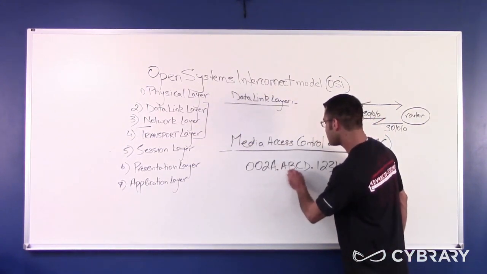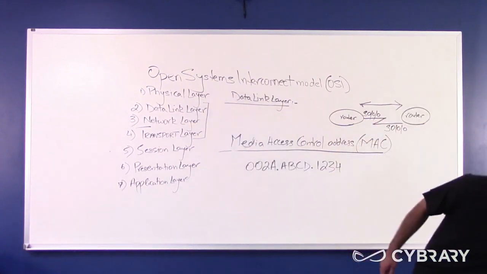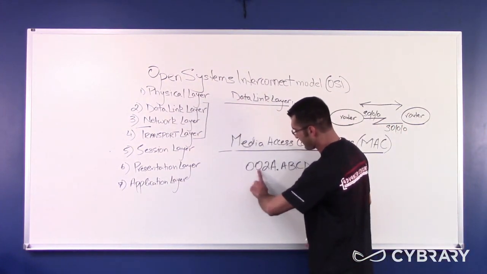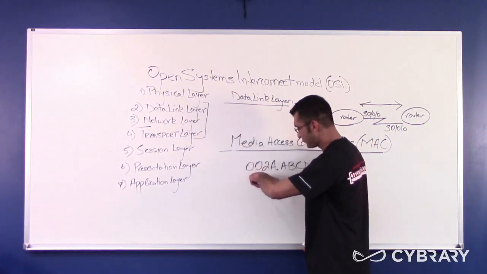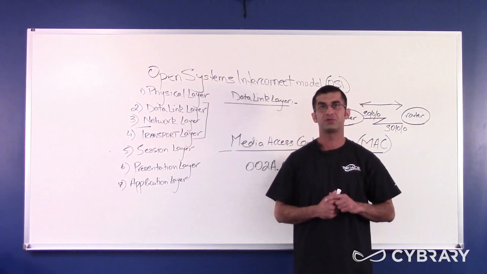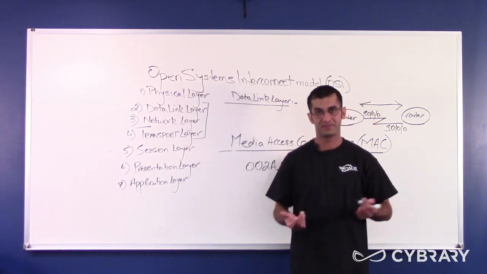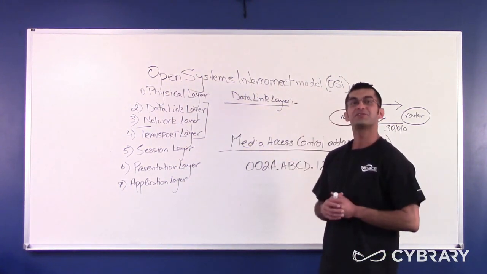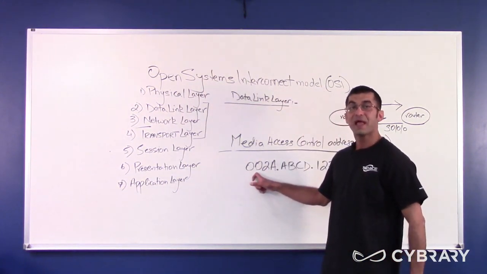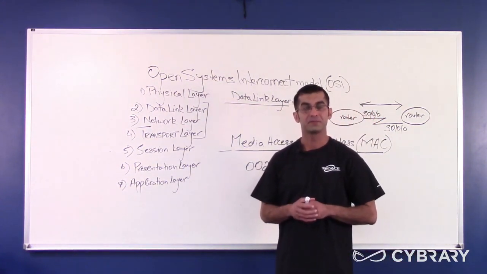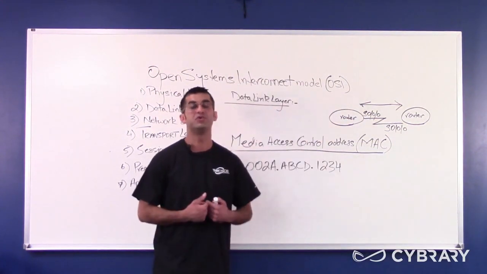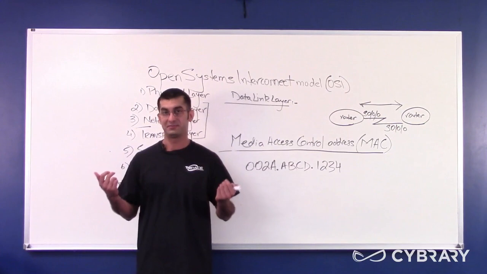So the 7th most significant bit, which would reside in here, because 4 bits here, then 5, 6, and 7th bit, which would reside in here, is called the UL bit, or the universal local bit. If that bit is turned off, which it is over here, it means that this MAC address is universally unique.